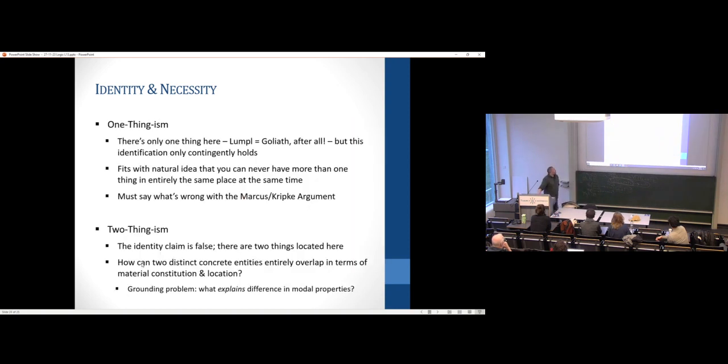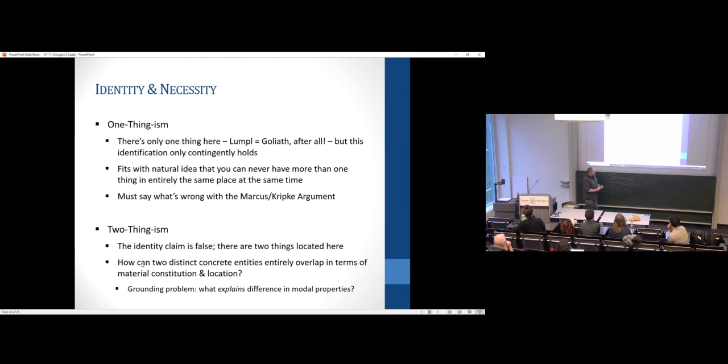So, again, that last bit here, when we think about the modal status of an identity claim, it's very obvious it can be contingent when we have, say, definite descriptions on both sides, or a proper name and a definite description. Again, just think of Armstrong, the first man on the moon, right?